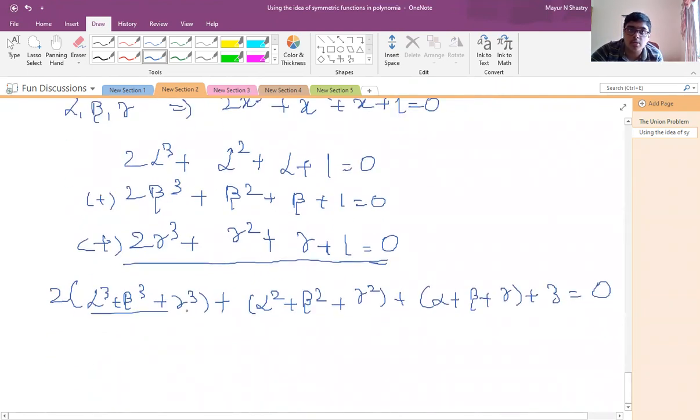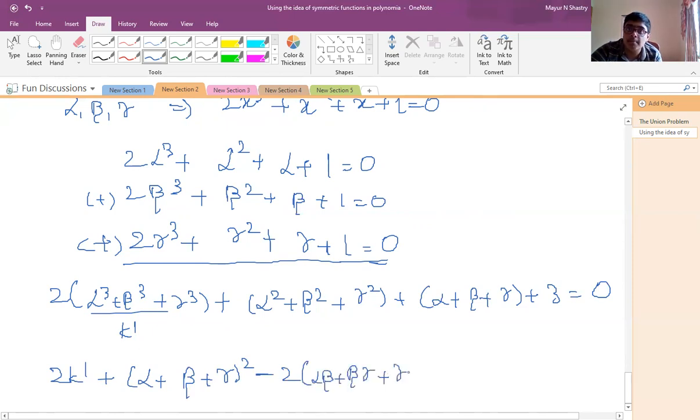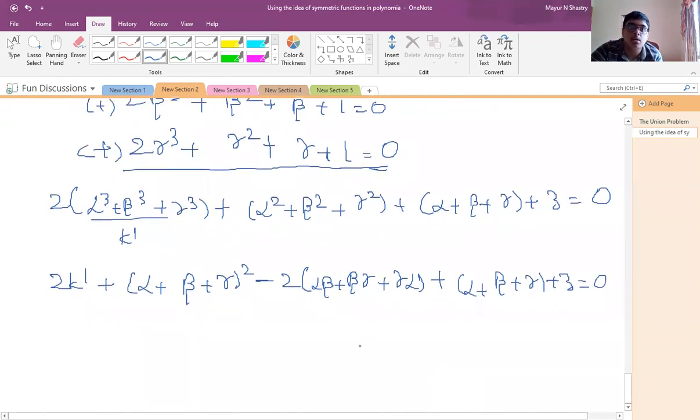And then let us call this sum k prime, 2k prime plus alpha squared plus beta squared plus gamma squared, which can be written as alpha plus beta plus gamma the whole squared minus twice of alpha beta plus beta gamma plus gamma alpha, and this is just alpha plus beta plus gamma plus 3. And this equals 0. And what is alpha plus beta plus gamma?